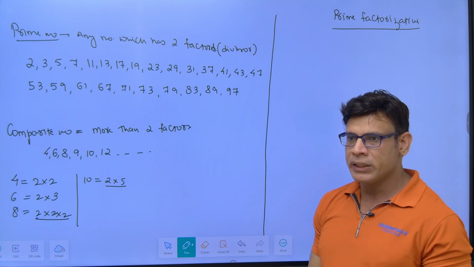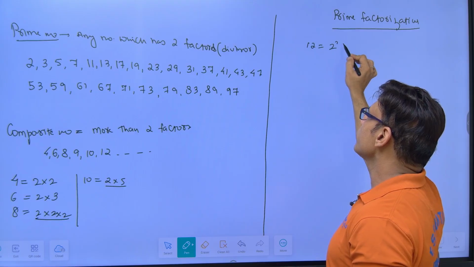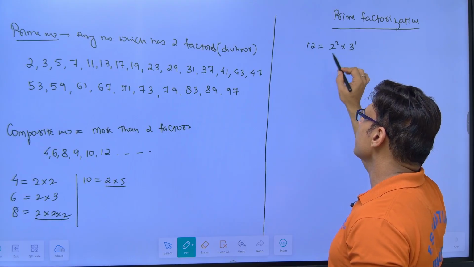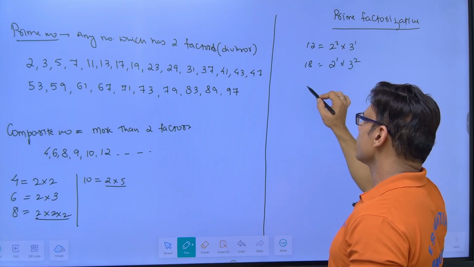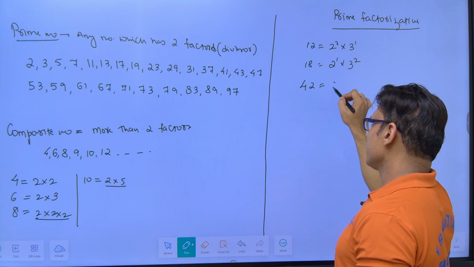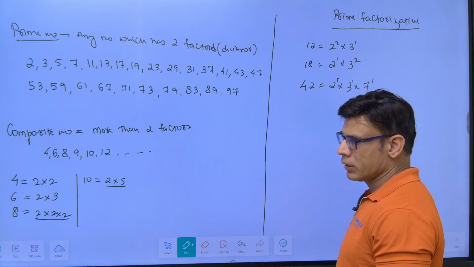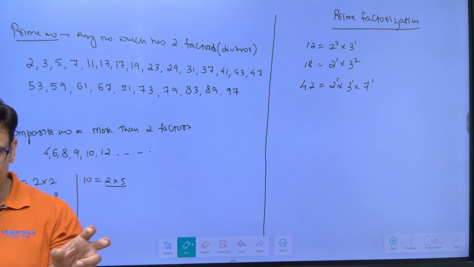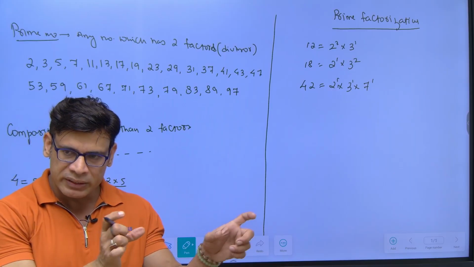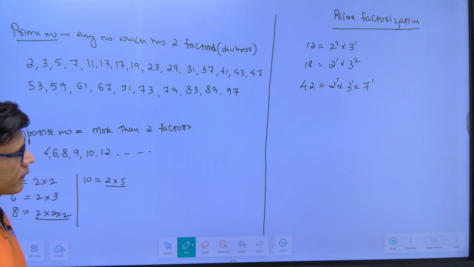For example, 12 is 2 squared into 3 raised to the power 1. 18 is 2 raised to the power 1 into 3 squared. 42 is 2 into 3 into 7, all raised to power 1. That means you just take a composite number and factorize it into its primes. That's called prime factorization.